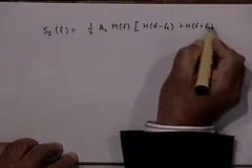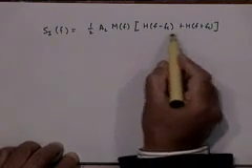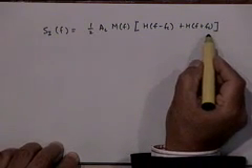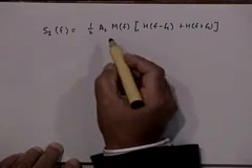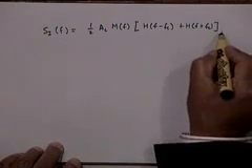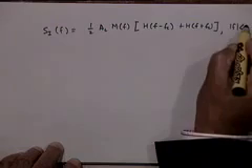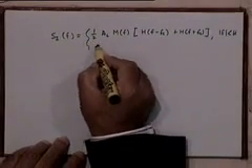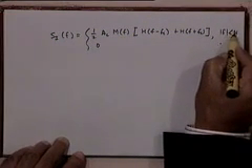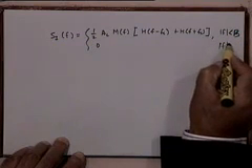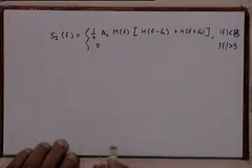In fact, it is from this point that we derived a requirement that this should be equal to a constant, right? So this is what you will get for the spectrum of S_I(f).